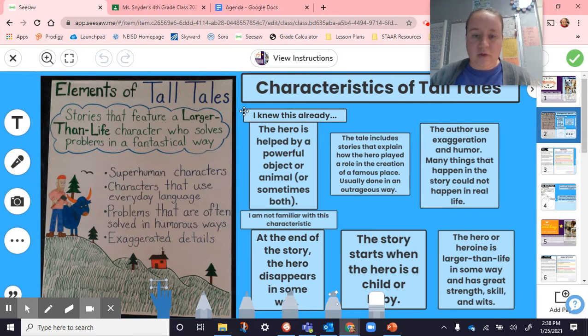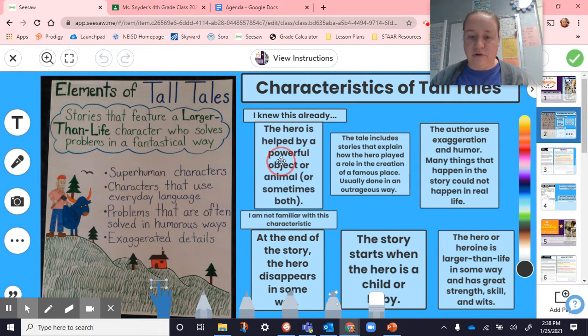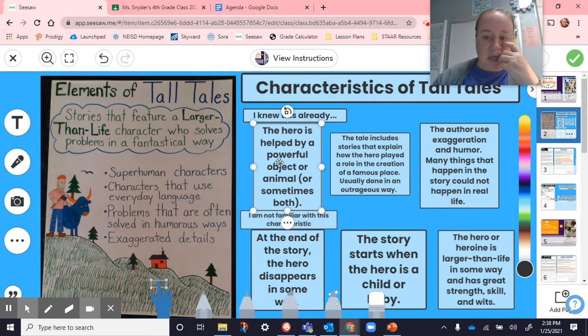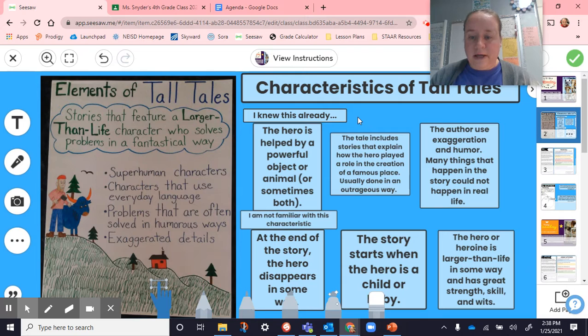So we started talking about some of the characteristics that we find in Tall Tales. I just put them out here, but everybody was supposed to put things that they already knew up top, things that they weren't as familiar with down below. So some elements of Tall Tales we learned: the main character is helped by a powerful animal or object, sometimes both.